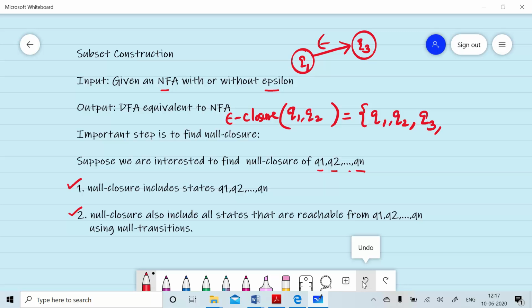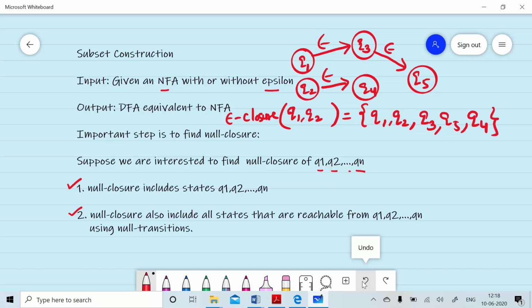And suppose from Q3 on reading of null, we are moving to Q5. So we will also include Q5. Similarly, suppose from Q2, we have a null transition to Q4. So we will also include Q4. In this way, we can find out null closure of a set of states.